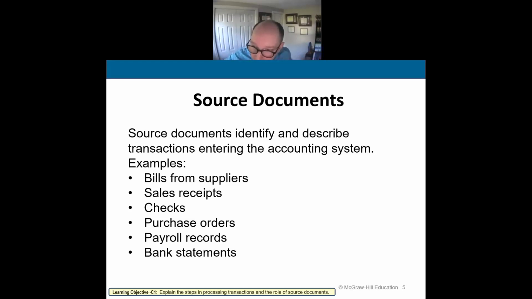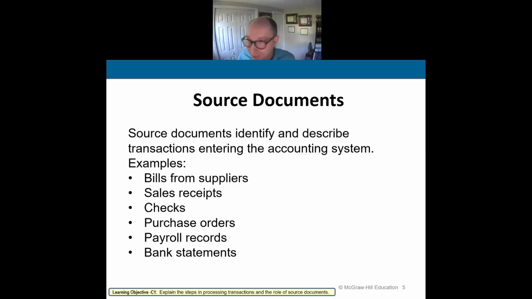To increase a liability or an equity account, we credit the liability or the equity account. It's the other side of the equal sign. Debit on one side of the equal sign, credit on the other. That's why debits always equal credits. Does that help? Yeah, that helps.